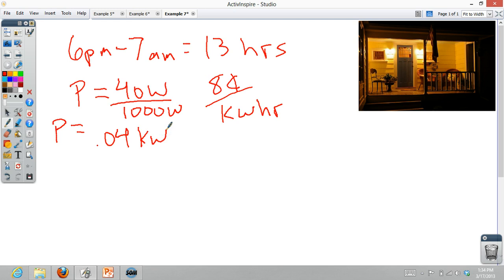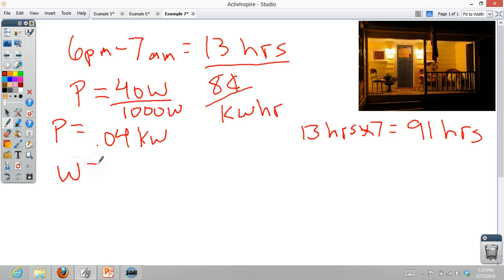They want to know how much it is for a week. So we're going to take 13 hours and multiply it times 7 days. And when we get done, we should know that that's about 91 hours. At this point, we need to figure out what is the amount of energy or work.